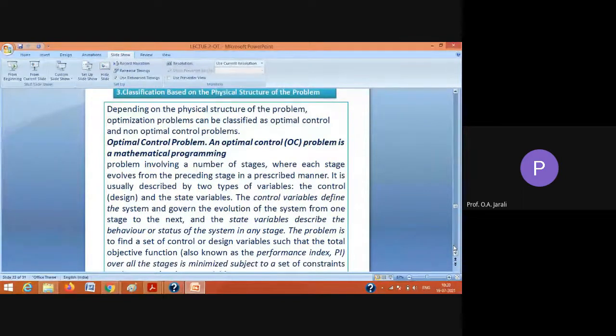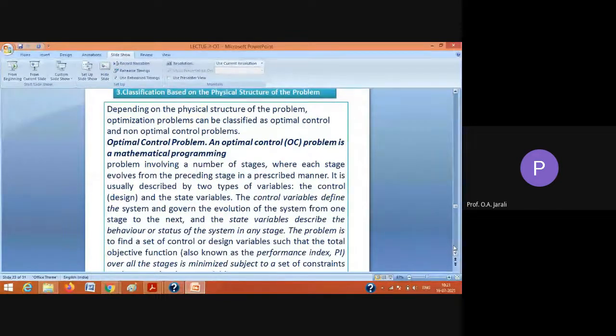It is usually described by two types of variables: the control variables, that is control design, and the state variables. Control variables define the system and govern the evolution of the system from one stage to the next. And the state variables describe the behavior and the status of the system in any stage.